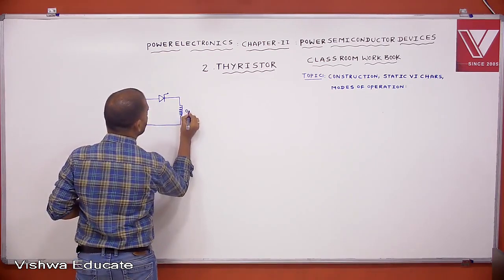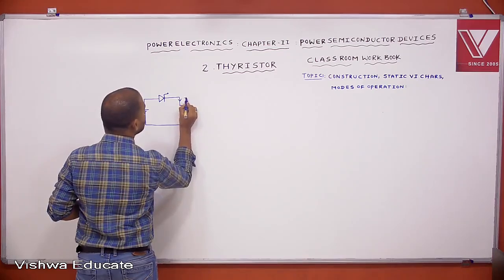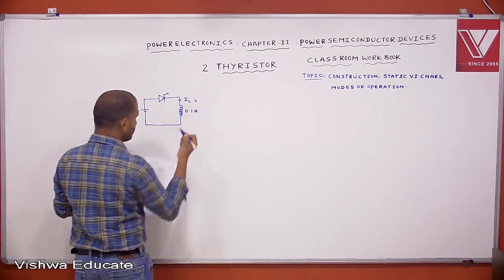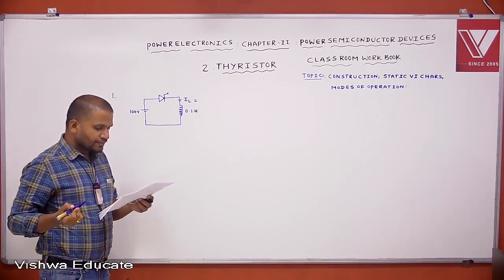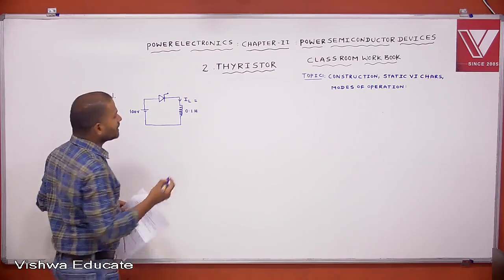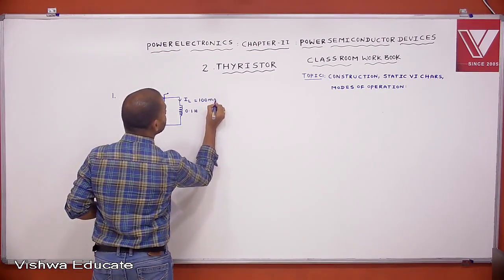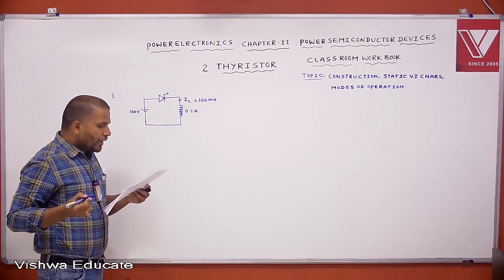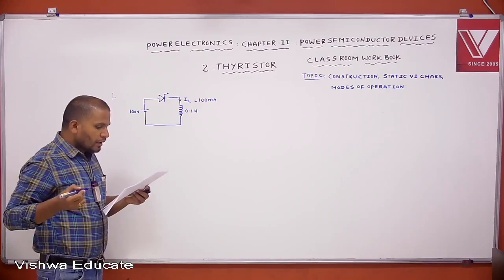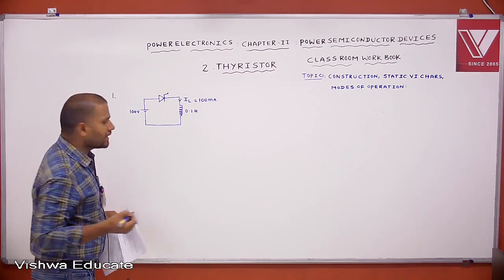How much latching current is given? 100 milliampere. Latching current is 100 milliampere. Then to ensure turn on, the minimum width of the gate pulse is dash.